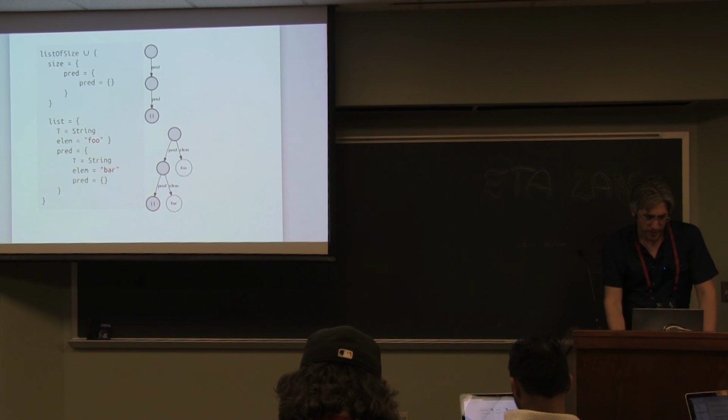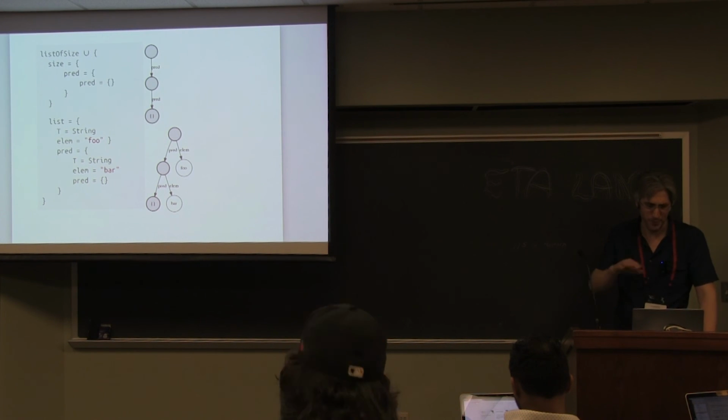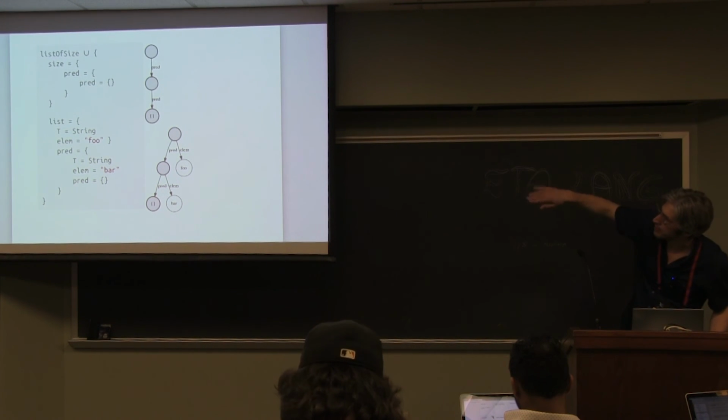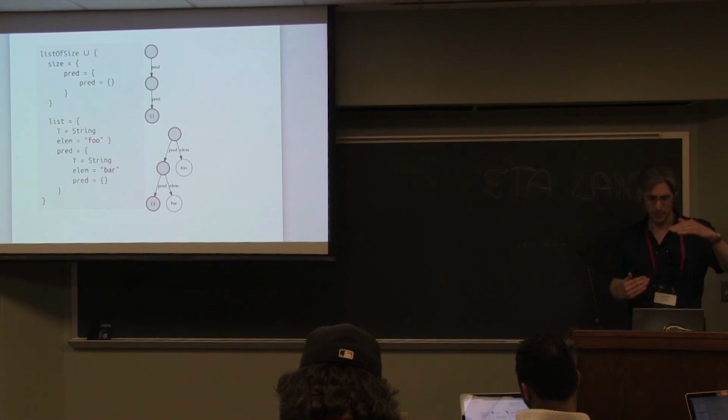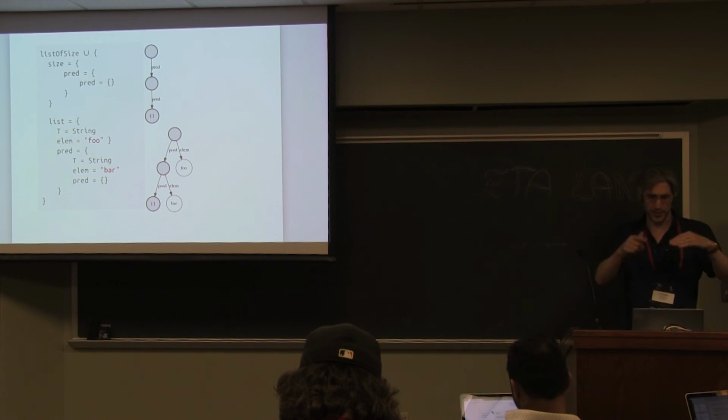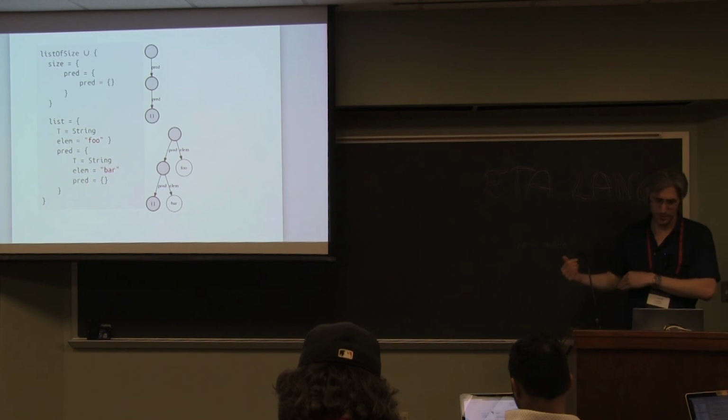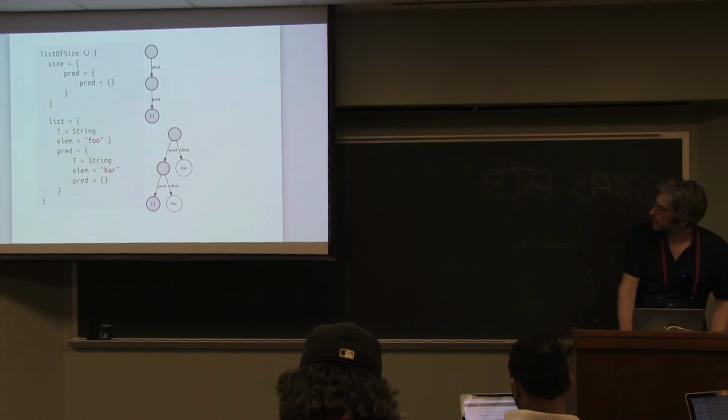But it will still type check because the predecessors in the structure are exactly the same, if we forget about the element. And because it's structural typing, if NAT only has a pred and you have a pred and either another structure with pred and empty set, it's basically the same type.